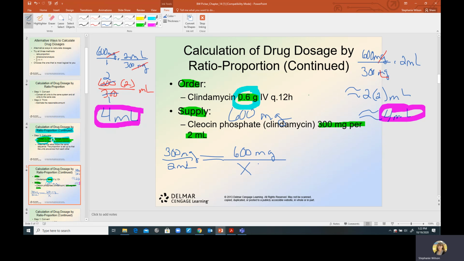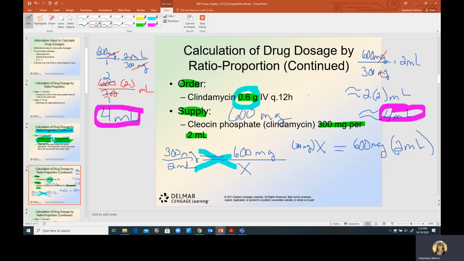And you can use X if you want, but if you're using X for a multiplication sign, you need to be careful to use it here. You can call it A for amount, whatever you want to call it. So we're actually solving for milliliters, so we're going to have to cross multiply. So now I got 300 milligrams times X is equal to 600 milligrams times 2 milliliters.